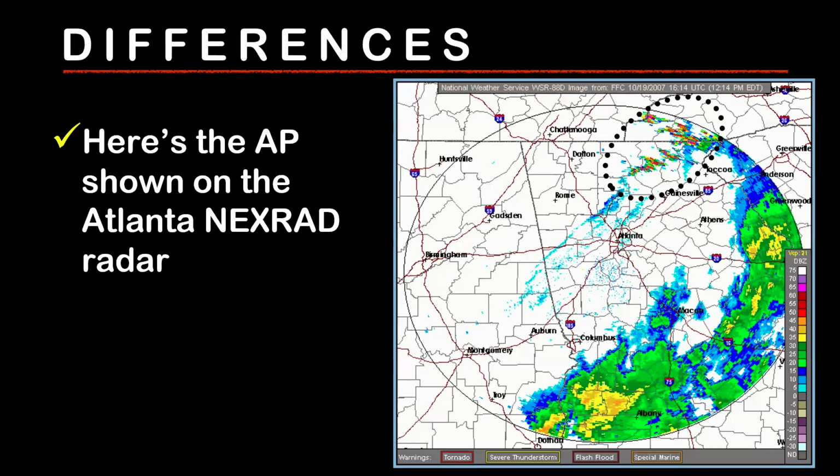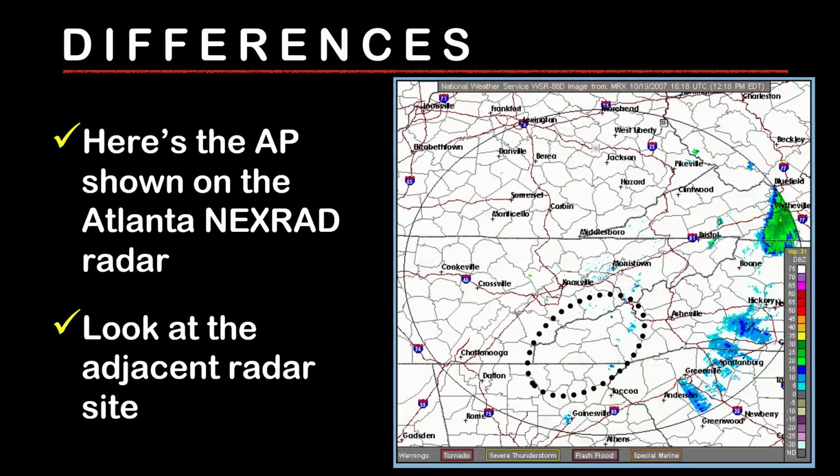So this is not really real returns, but it's being captured and, unfortunately, not filtered properly, and it slips through. If you look at the adjacent radar up to the north in that same area, there's nothing there. And so, unfortunately, in this particular case, XM did not do a good enough job filtering this. And again, it slipped through.